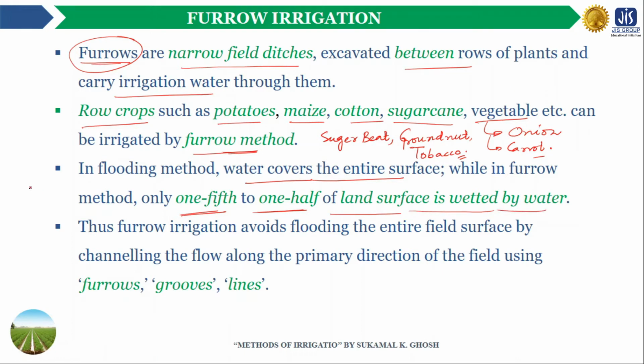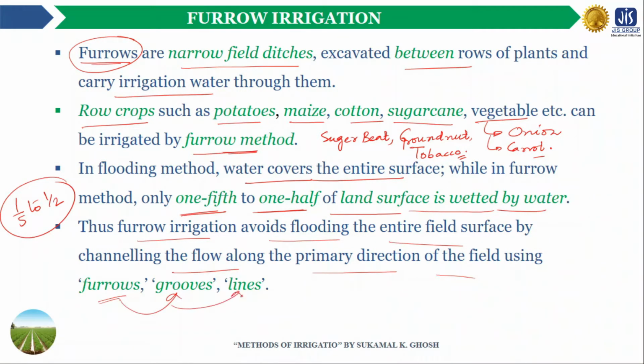It means only one-fifth to half of the land gets wetted, which reduces the evaporation loss. Thus, furrow irrigation avoids flooding the entire field surface by channeling the flow along the primary direction of the field using furrows, which can also be called grooves or lines.